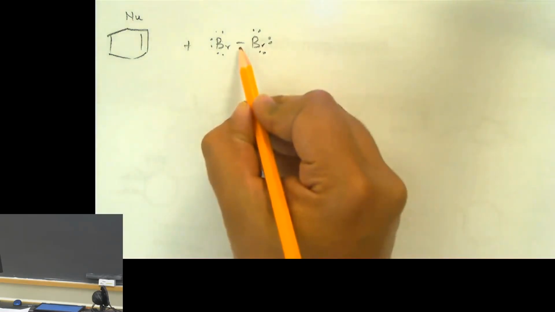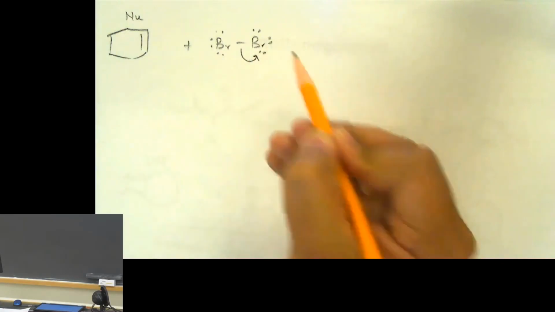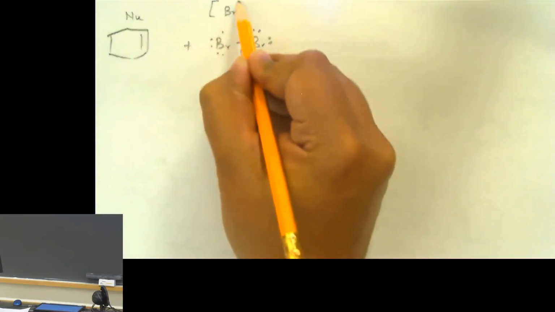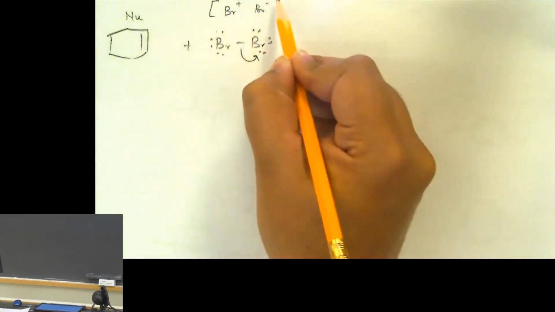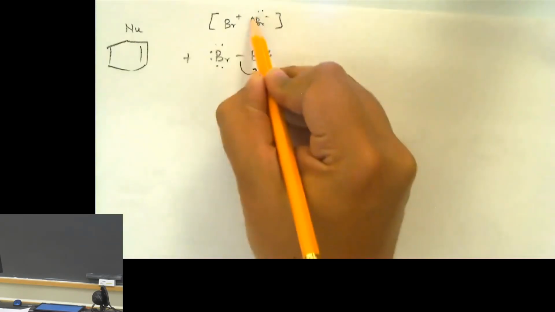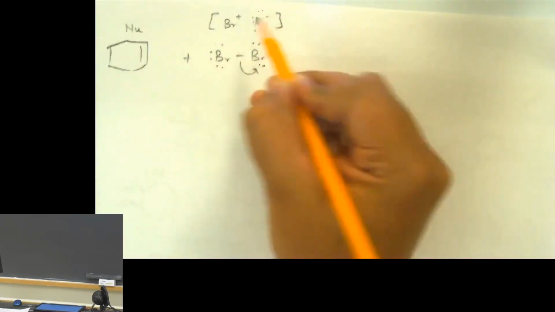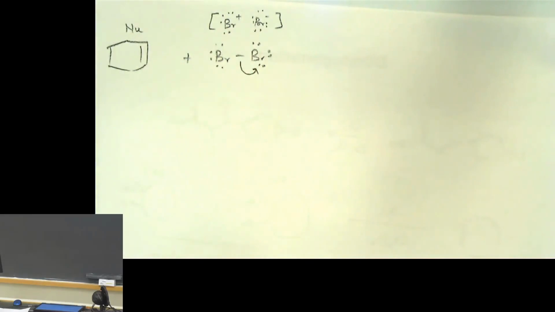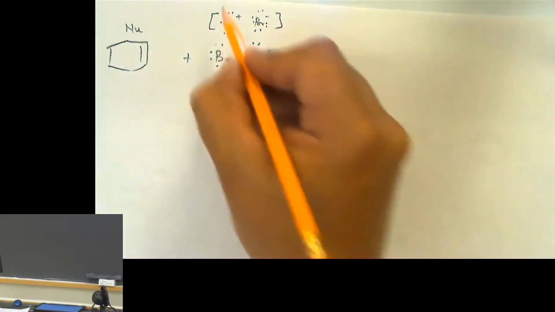So these bonded electrons can go towards one of the bromines. As a result of that, you will form Br plus and Br minus. Br minus has 4 lone pairs. Br plus has 3 lone pairs. So the electrophile in this reaction is Br plus.